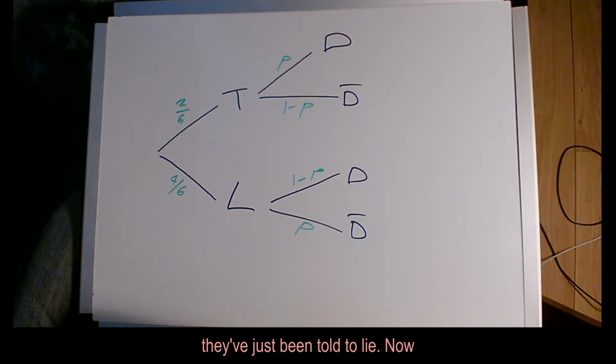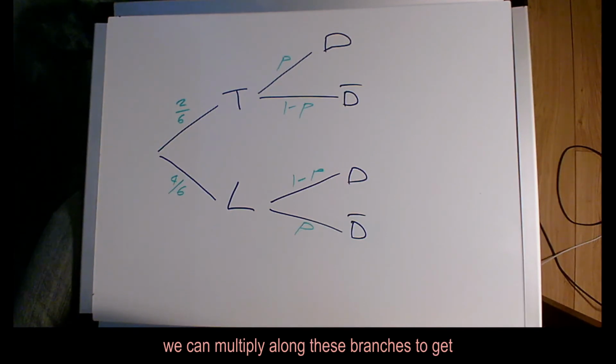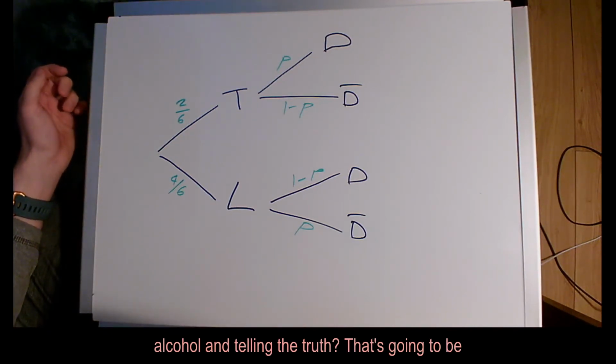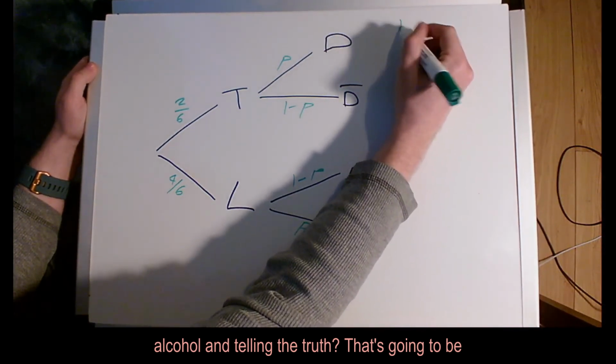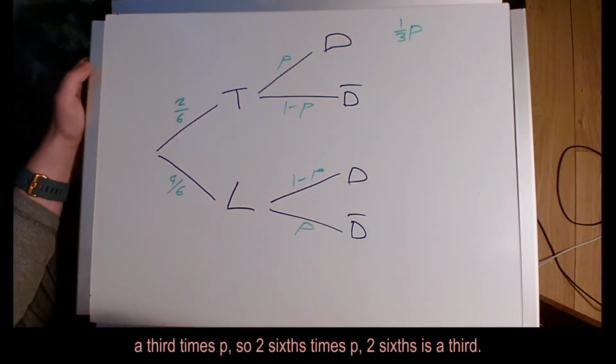Now, just like we did with the probability tree in the buckets, we can multiply along these branches to get the probability of each of these events occurring. So the probability of saying you drink alcohol and telling the truth is a third times P, so 2/6 times P, and 2/6 is a third.